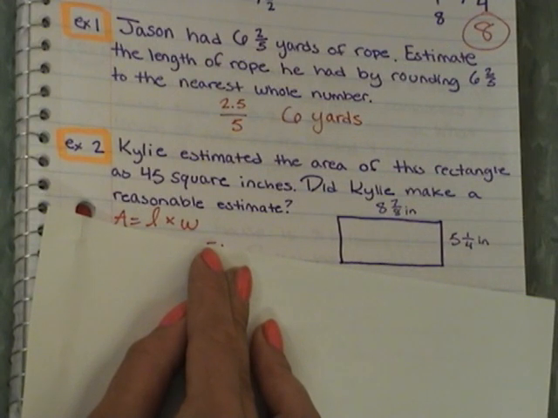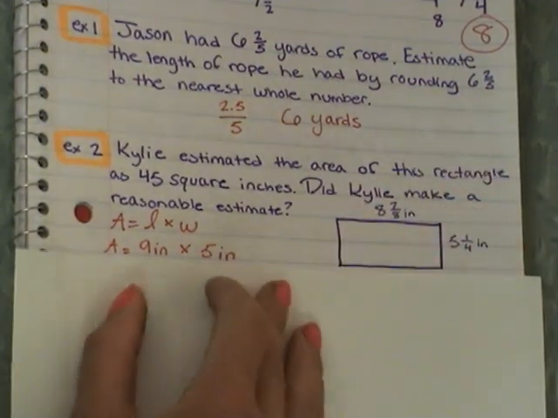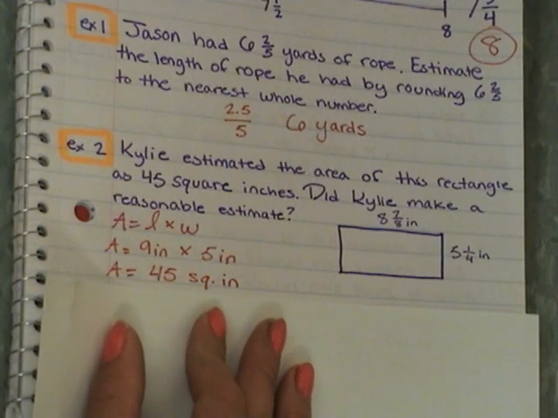Is 1 bigger or smaller than 2? Since it's smaller, I'm rounding it back down to 5. So now I have 9 times 5, which is 45. Don't forget, it is square inches because we are multiplying. When we deal with area, we are always dealing in square units.